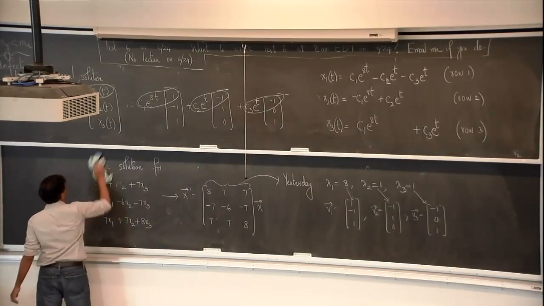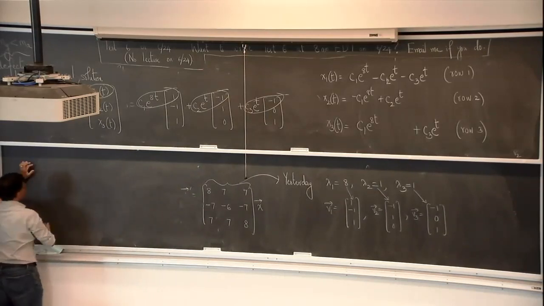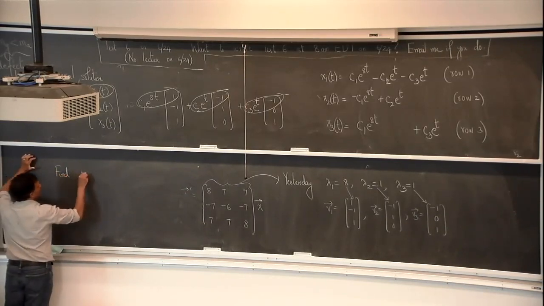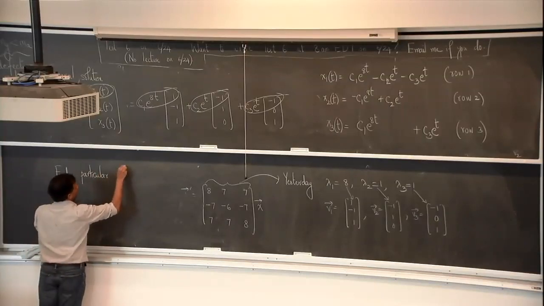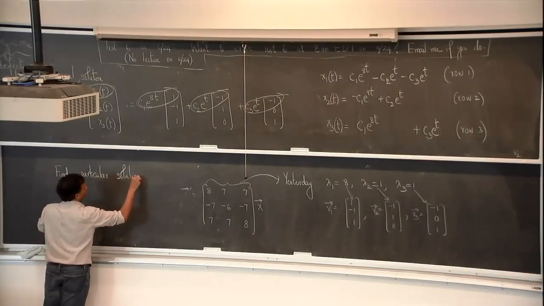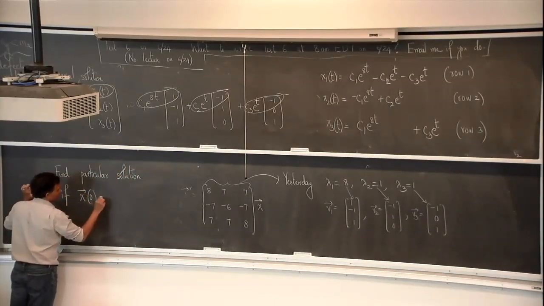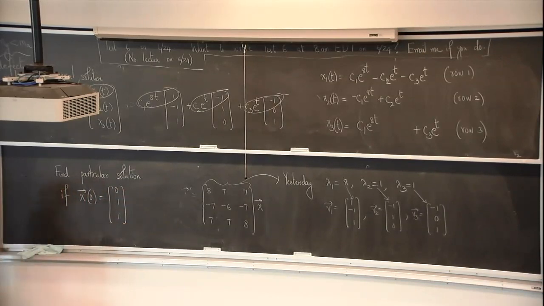So as a sub question, find the particular solution in the same example if x of 0 as a vector is (0, 1, 1). I hope that is not too crazy to do.